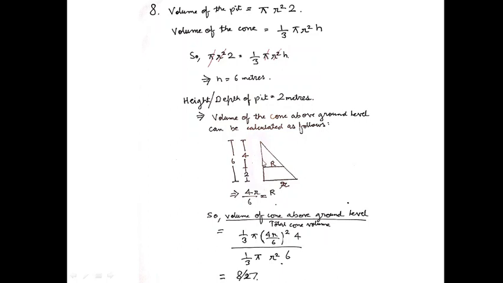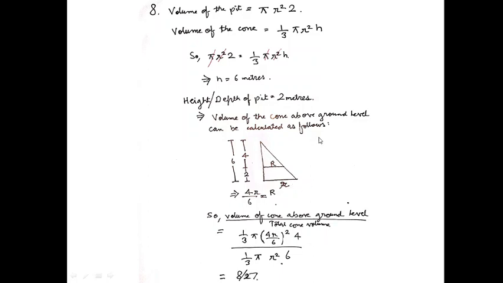The total height is 6, as we calculated. The height of the pit is 2, and so the remaining height will be 4. So the volume of the cone above the ground level is that volume which has radius capital R and height 4, and the whole volume is a cone with radius small r and height 6.